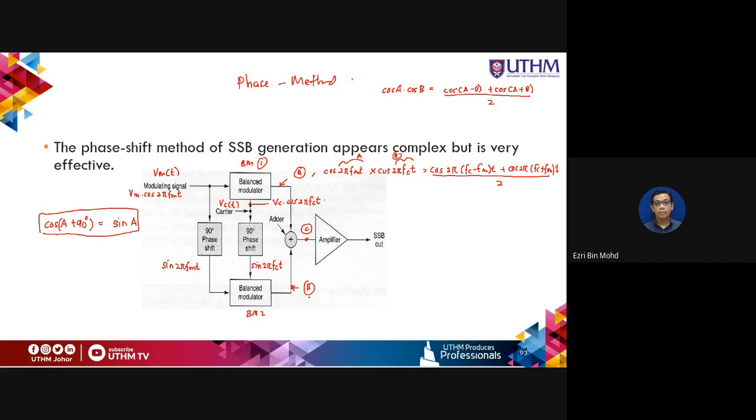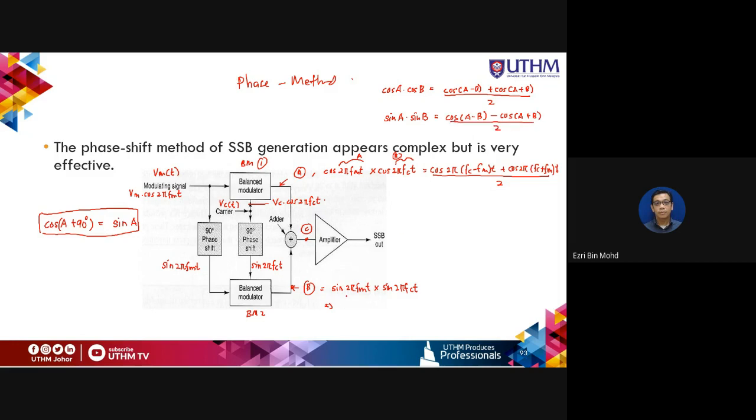The resultant output at point B should be berapa? Sin 2 pi FMT times sin 2 pi FCT. So tinggal berapa ni? Macam mana? So based on this identity also, sin A sin B equal to cos A minus B minus cos A plus B divide by 2.